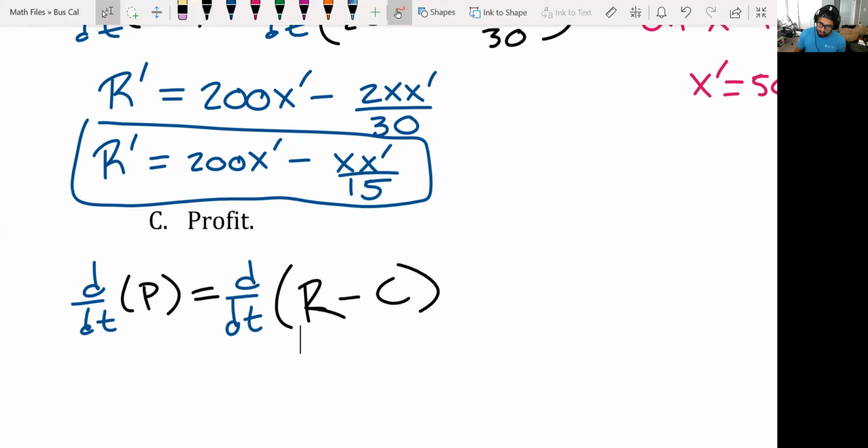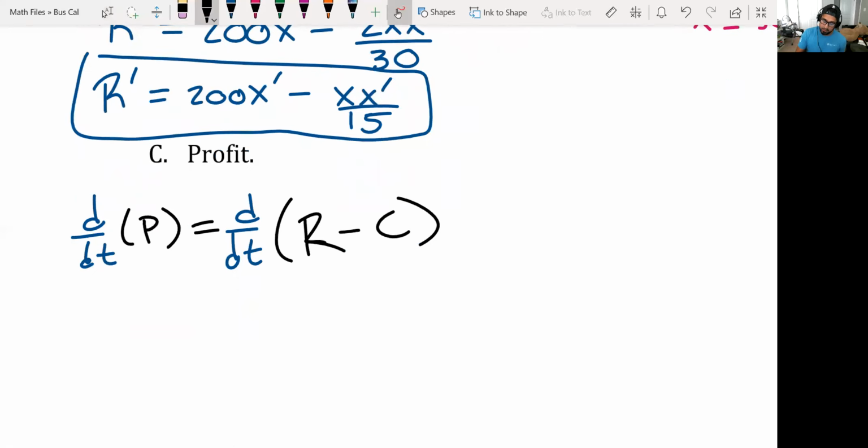Okay. And what this ends up becoming is, well, first, the implicit derivative of p with respect to time is p prime. The implicit derivative of r with respect to time is r prime, minus the implicit derivative of c with respect to time, c prime.